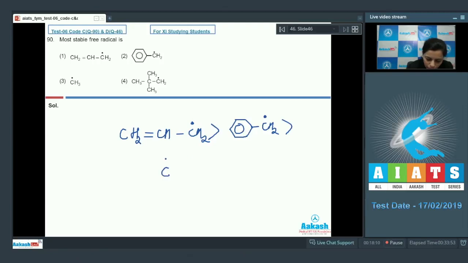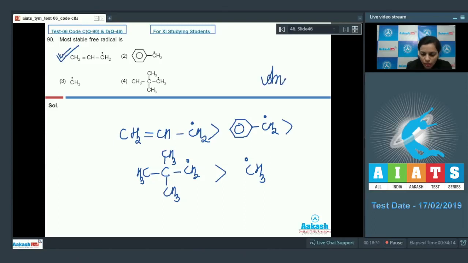Then there is this one, and after that there would be methyl free radical. This is the correct order. Now if you look at this order, you will identify that most stable free radical is here. That's given in option 1. And that's why option 1 is the correct option.